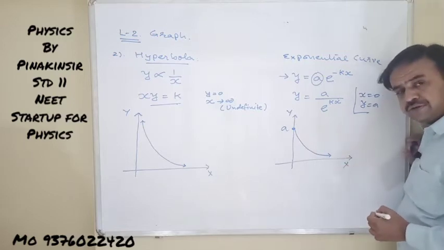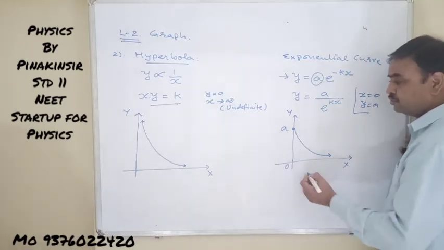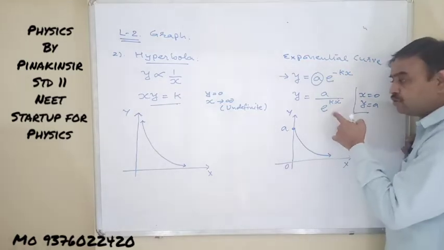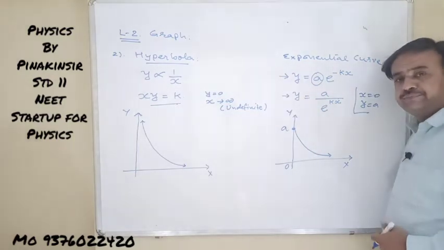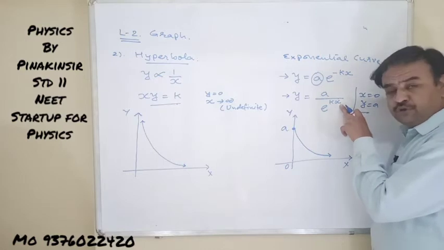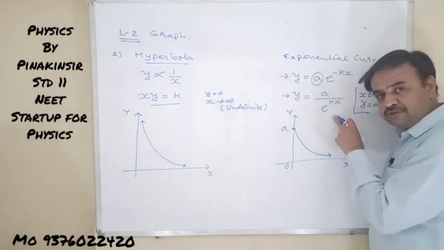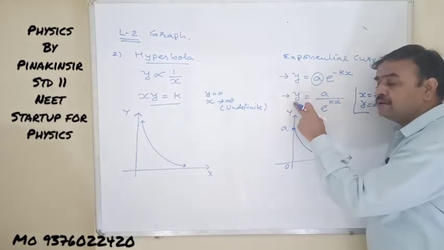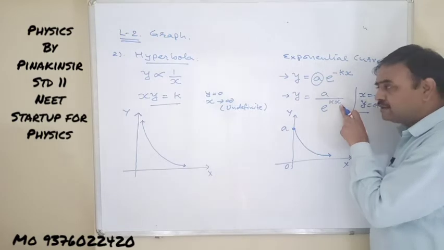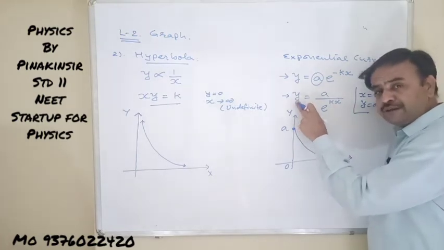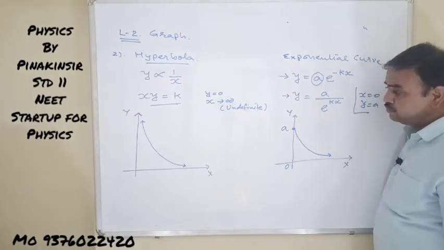Again we can say that there will be no intercept on the x-axis, because it is in division. By division, mind well, you cannot make y equal to 0. You can say that if x is very large, then y will tend to 0, and thereby the graph will look like this.